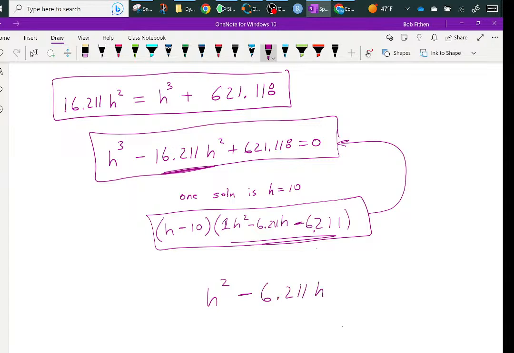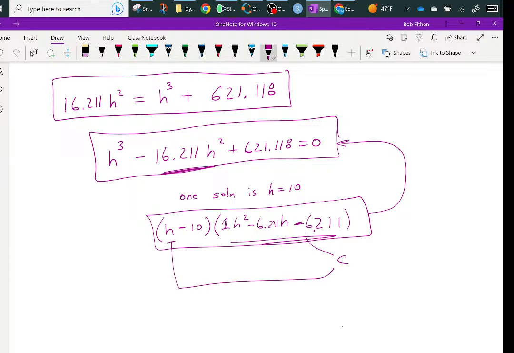6.211 h minus 6.211. Is it supposed to be 62? 10 times that should be 6.1. Oh God, did I do that wrong? Okay, let me go back and make sure I got this right. Oh, this is hilarious.